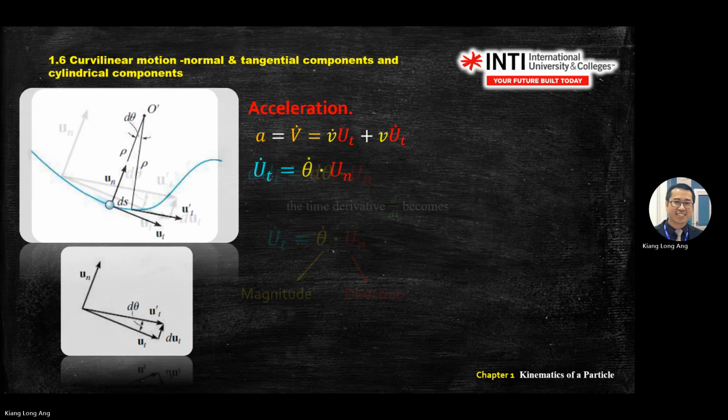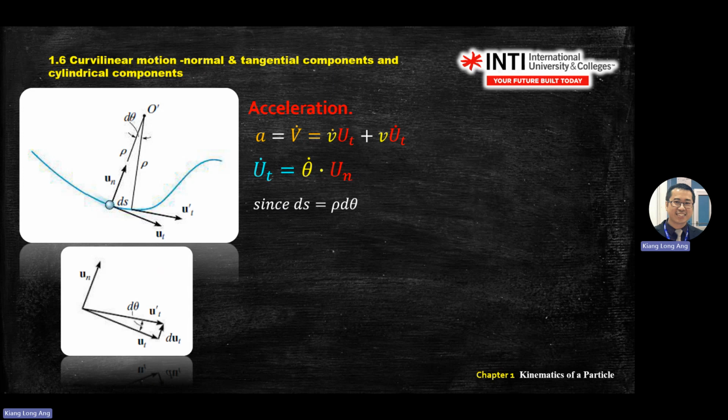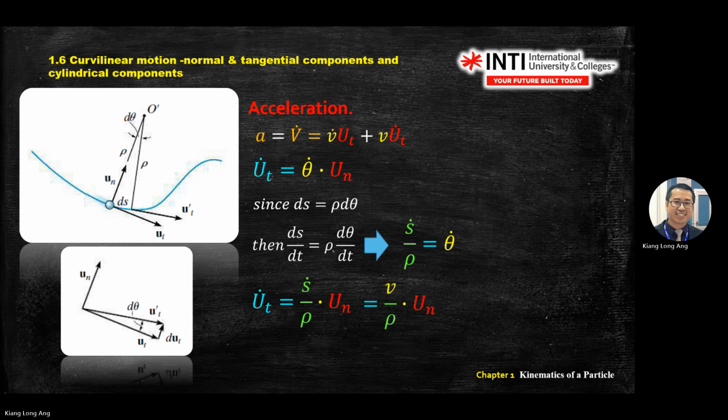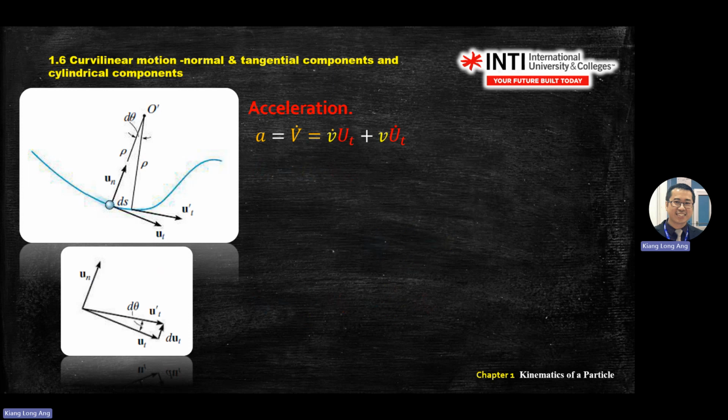Then just now we also agreed that s equals r theta. You replace the r as rho. S equals rho d theta. Then you do some derivation and so on. You arrive at one equation. This one you read, all the derivation, I don't go deep there.